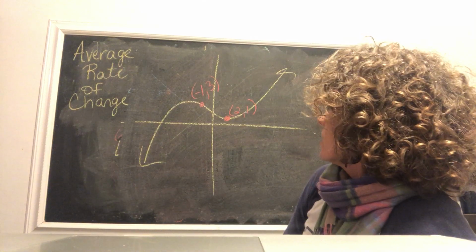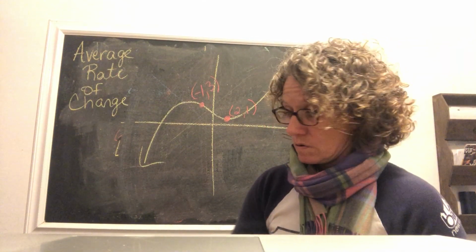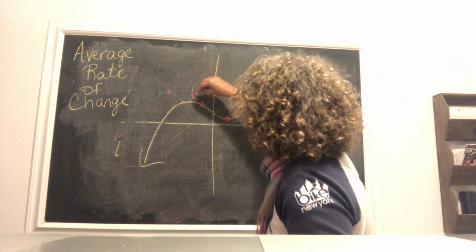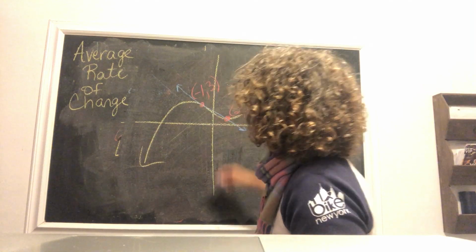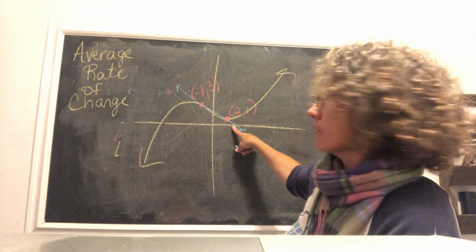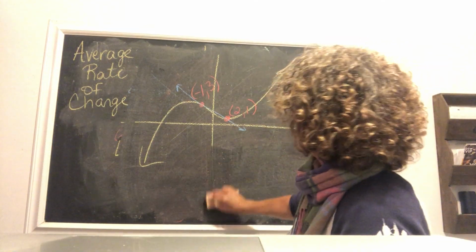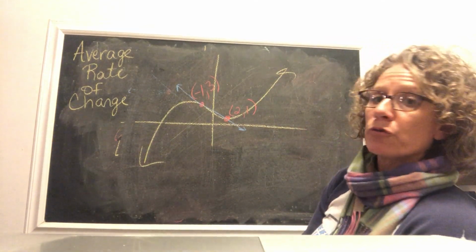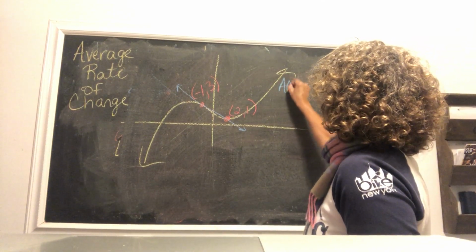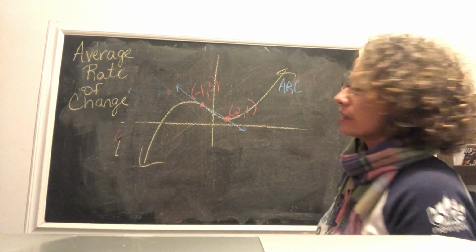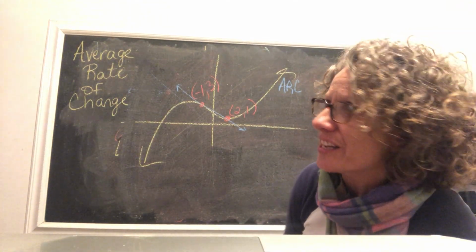Okay? Now the average rate of change, since we're kind of thinking of it as the slope of the secant line that passes through these points, I'm going to think of it as the change in the y over the change in the x. But we don't write it that way. For the average rate of change formula, we write ARC equals, I abbreviate average rate of change ARC, some teachers abbreviate it ROC.